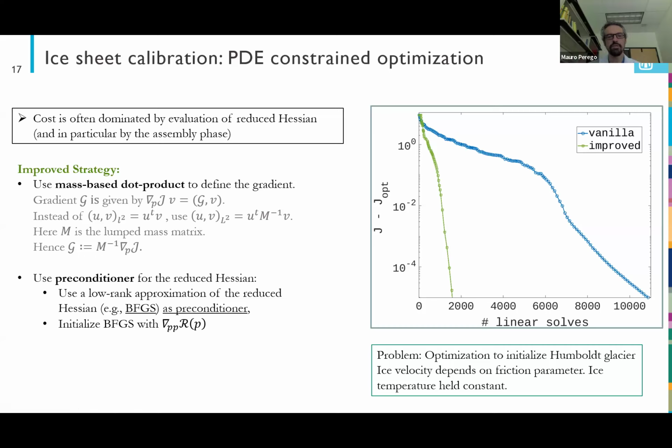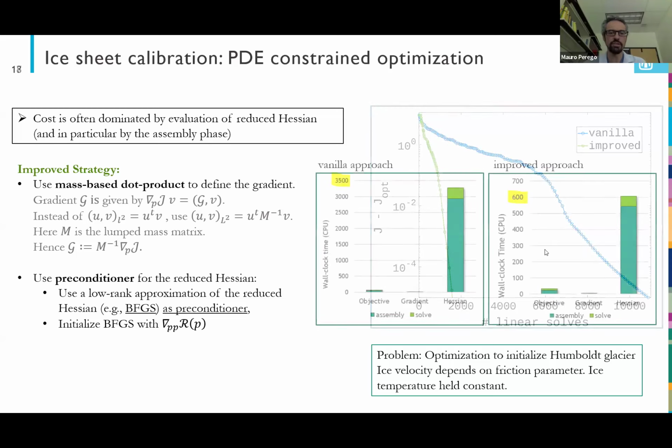If you do all this optimization, you can see the history of the reduction of the functional, and you go from solving about 10,000 linear systems to less than 2,000, which improves both the robustness of the method and, of course, its efficiency.